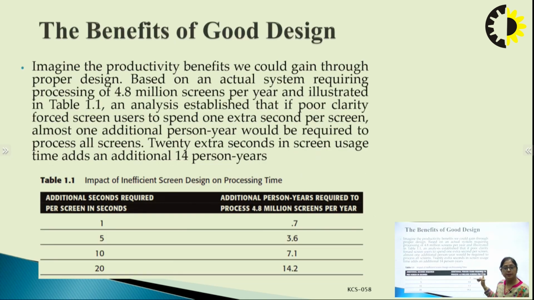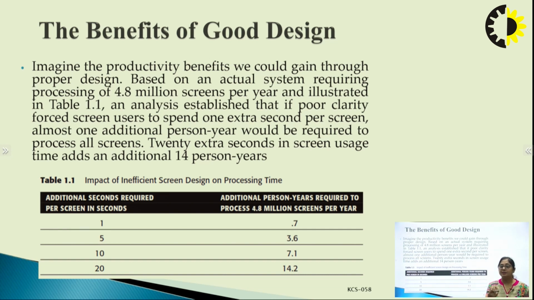Here the data is 4.8 million screens per year. If the screen timing requires an additional 10 seconds for 4.8 million screens, it will take 7.1 additional person years. If you increase it by 20 seconds, it will increase by 14.2 person years. So you can see here we have taken just 4.8 million screens processed every year.